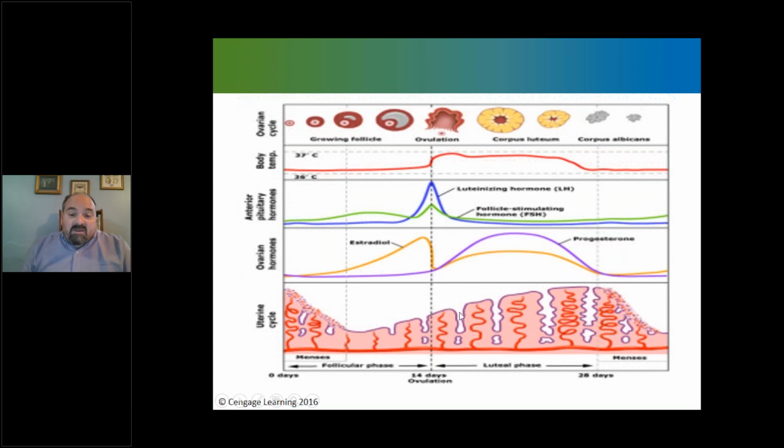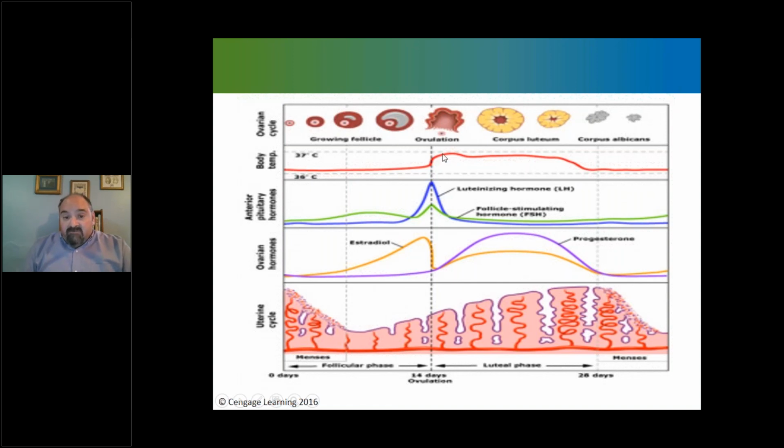It reaches the thickest it will get here, coinciding with the release of the egg, because during this period of time, if the egg is released into the uterine tube and the sperm come together forming the zygote, then we have fertilization taking place, and we need this fertilized egg to be implanted into this thick lining.